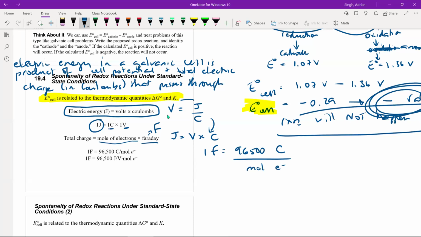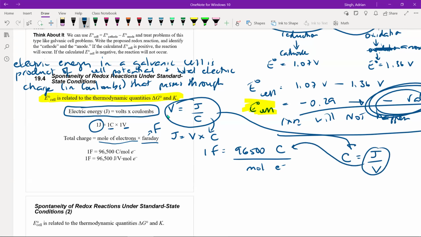Now, back from our equation up here, we can do some substitutions. If V equals J over C, then coulombs is the same as joules over volts. So I can substitute J over V for C in this equation, and I end up with 1 Faraday is 96,500 joules per volt, and then that times moles of electrons. So Faraday's constant is now expressed in terms of joules and volts.